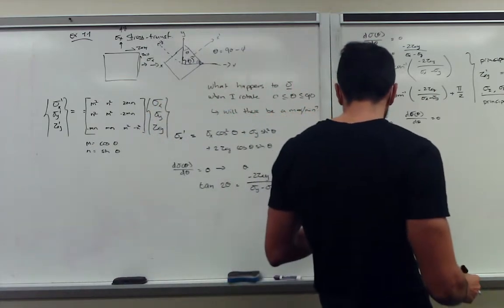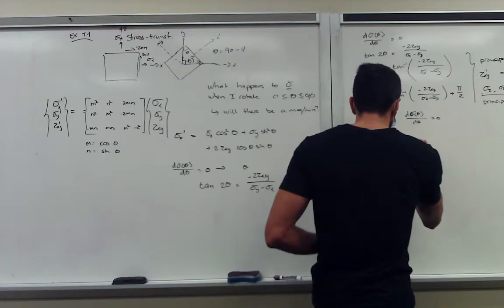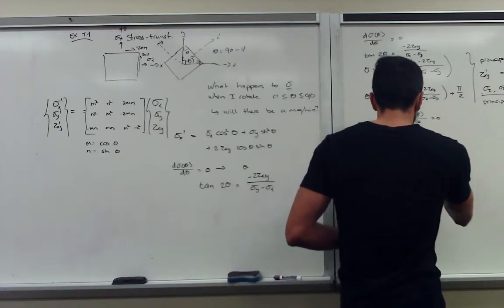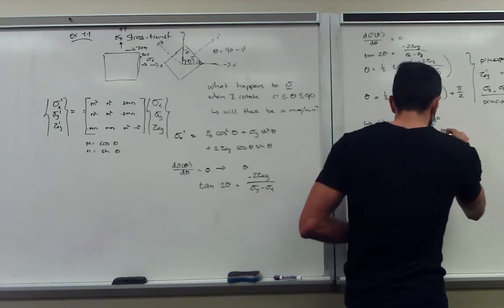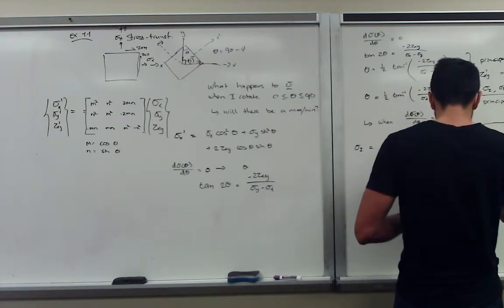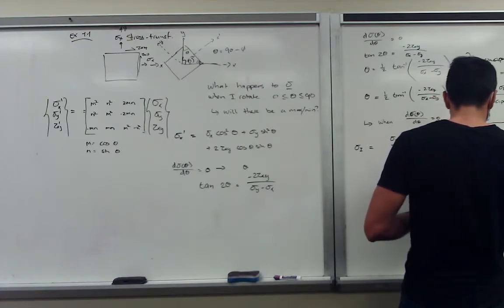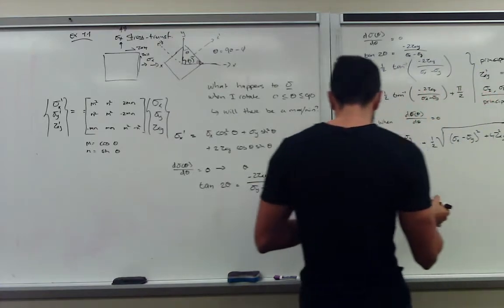If we do that, what we get is that our principal stresses equal our normal stresses in x and y over 2, plus half the square root of (sigma x minus sigma y) squared plus 4 tau xy squared.